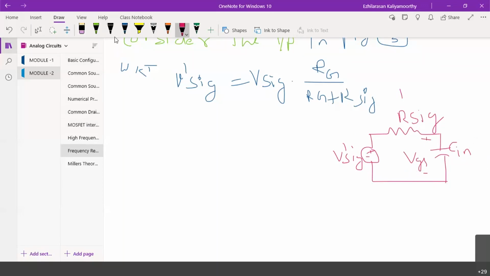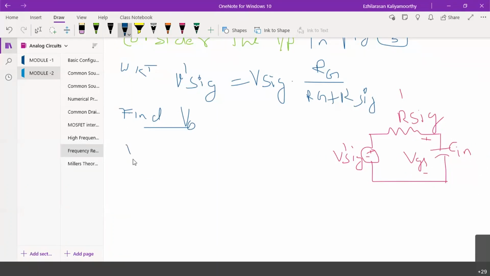Now what we'll do, find the output voltage. So the output voltage is nothing but, as per this, VGS actually.